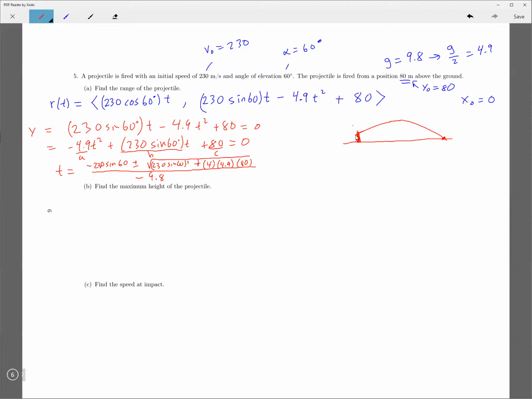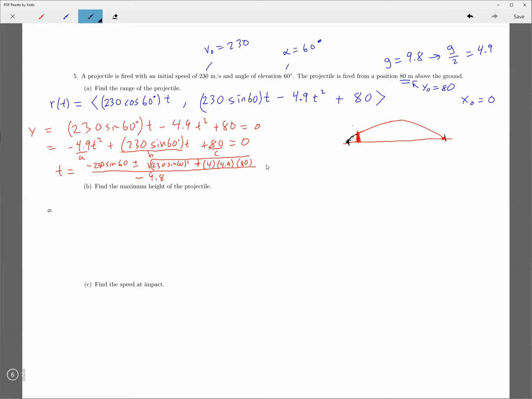The t's will correspond to this value and this value, as if the projectile were launched from the ground and passed this point at exactly this velocity and angle. So the two t's are going to be those two values.